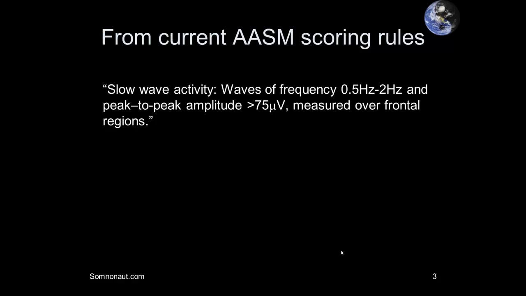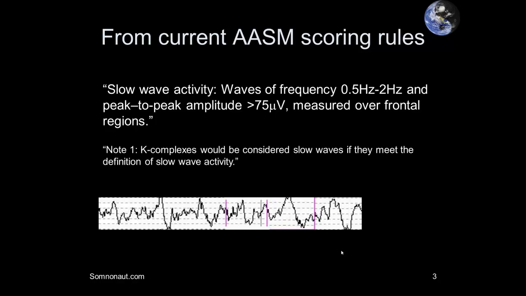That's a key thing because we can see that the frontal region has a much higher possibility of picking up high level voltage, especially during sleep. So we note that K complexes would be considered slow waves if they meet the definition of slow wave activity.